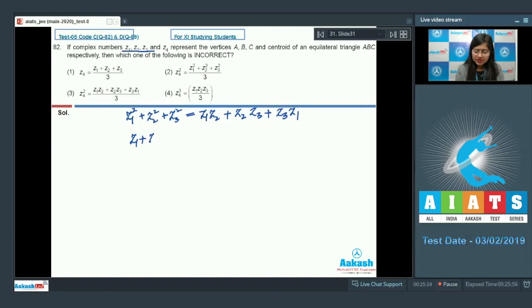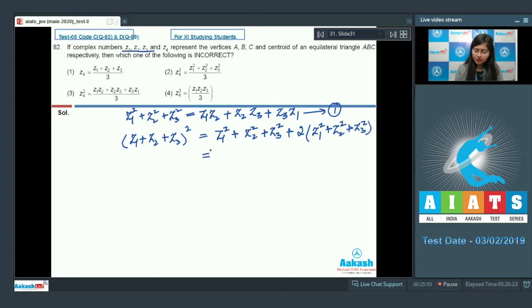Also we know that (z1 plus z2 plus z3) whole square is equal to z1 square plus z2 square plus z3 square plus 2 times (z1 z2 plus z2 z3 plus z3 z1), whose value can be substituted from equation 1 as z1 square plus z2 square plus z3 square.